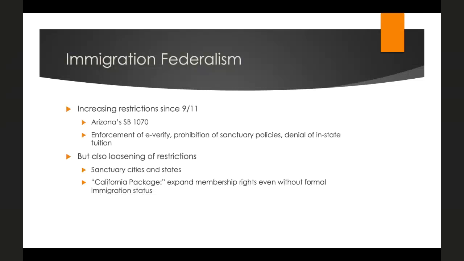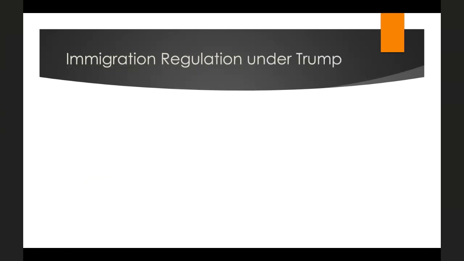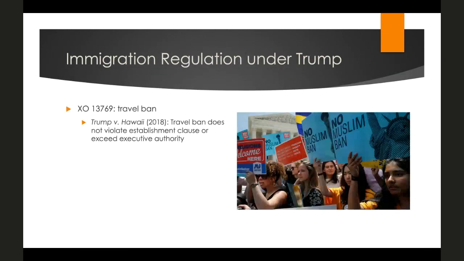But probably since 2016, what most people think about in immigration reform is various actions taken by the Trump administration. In January of 2017, one of the first actions taken as president, Executive Order 13769 banned travel from a series of Muslim-majority countries.